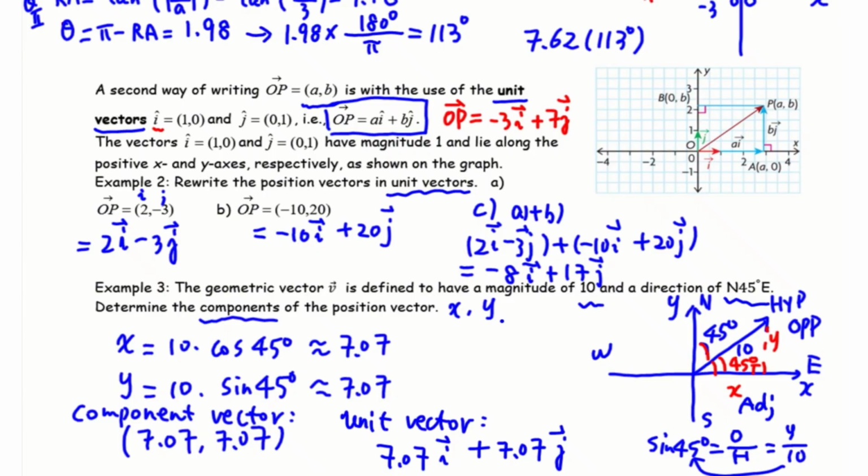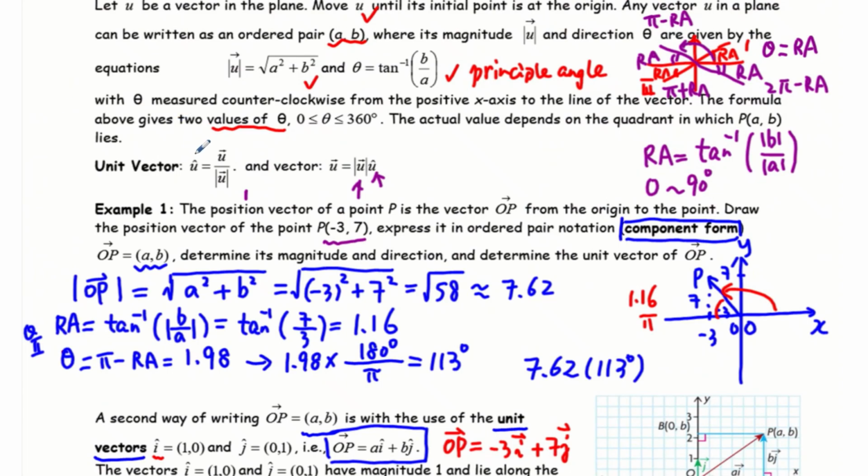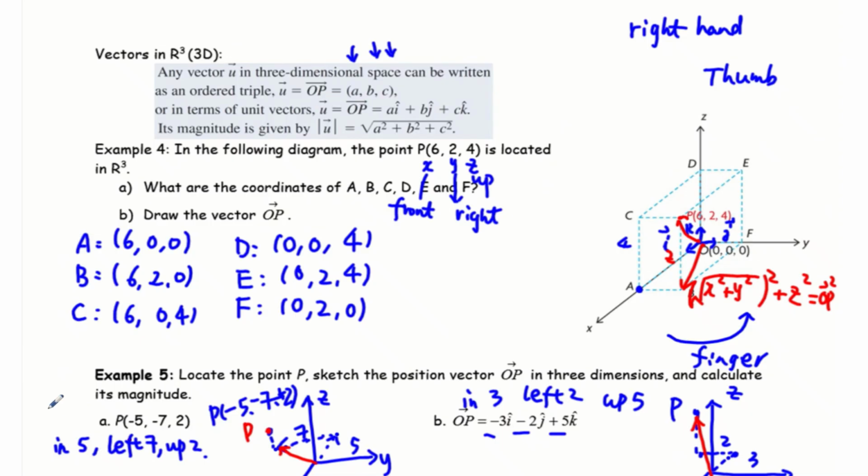For the unit vector, you could actually just use a small hat instead of the arrow to represent that this is a unit vector. Sorry about that. For a unit vector, we use a small hat. Then, in 3 dimensions, the first one is the x component, the second is the y component, and the third is the z component.